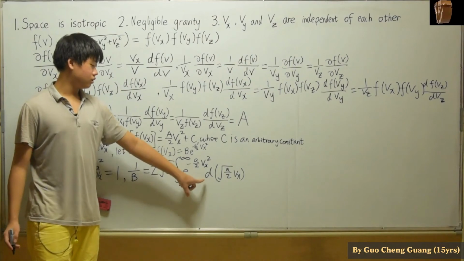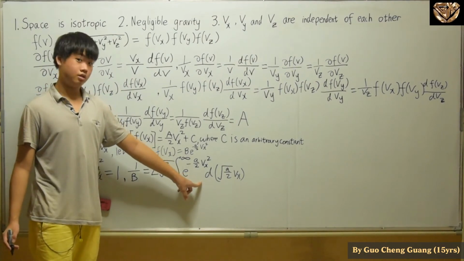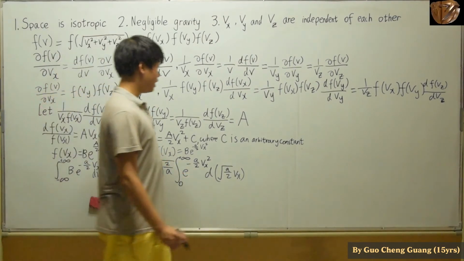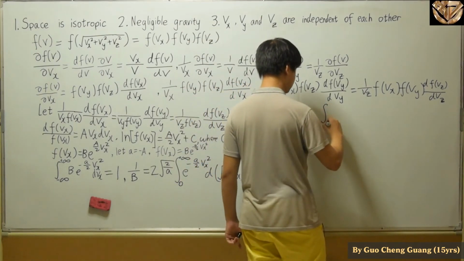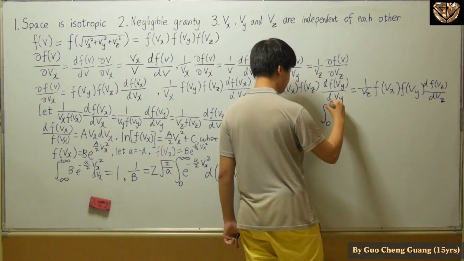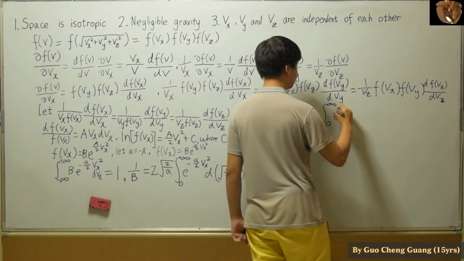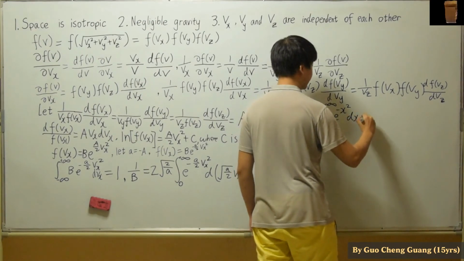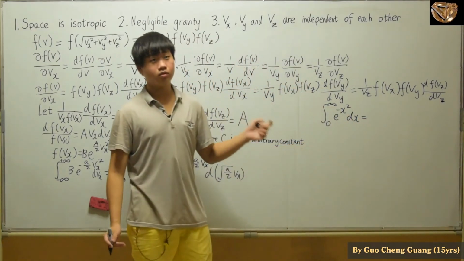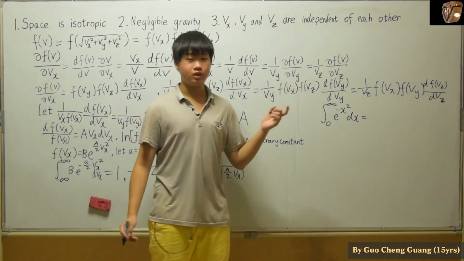Now, does this part still not seem familiar? Well, if it doesn't, what you are going to have is 0 to infinity, e to the power of negative x squared dx. We have done this integration before, so you can go back to previous videos to watch.